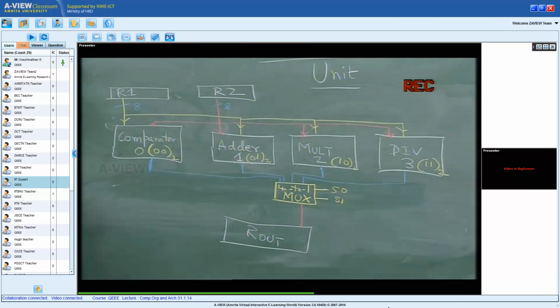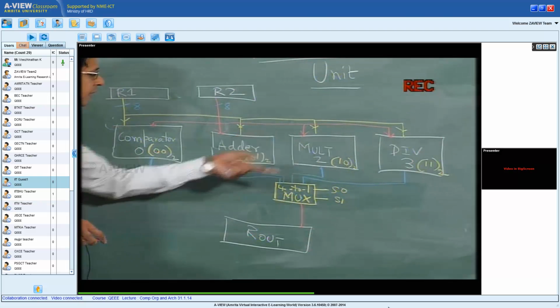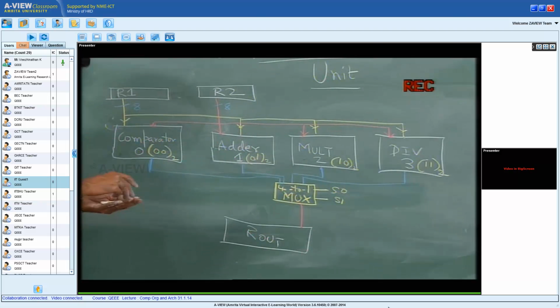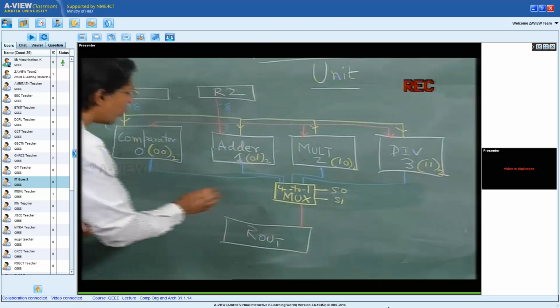Like that, let me assume that there are going to be 16 outputs from each of these units.